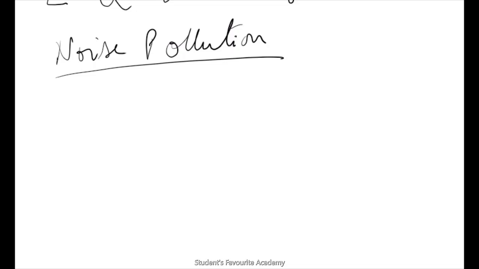Okay, and if you hear a constant sound of levels above 120 decibel, then that is called noise pollution. It can cause headache and permanent damage to the ears also. Okay, then the next important term is pitch or shrillness.